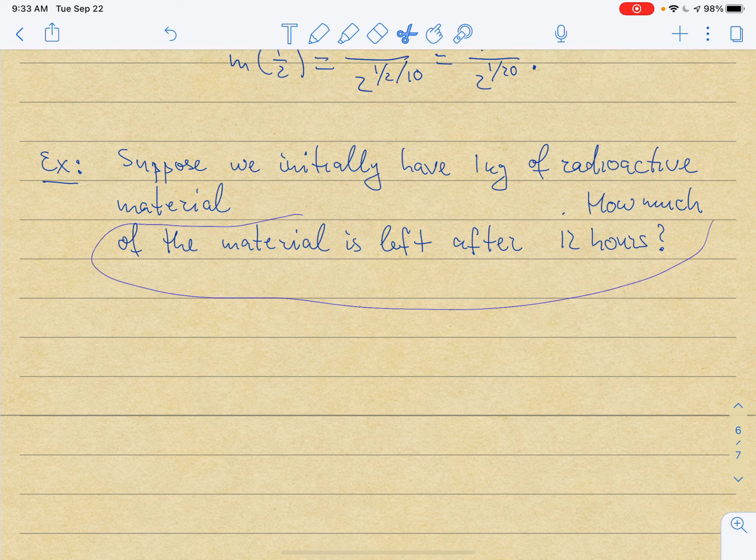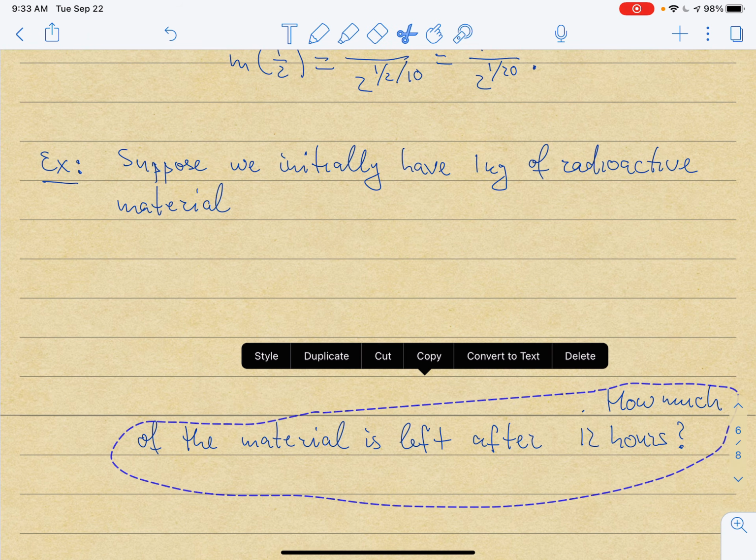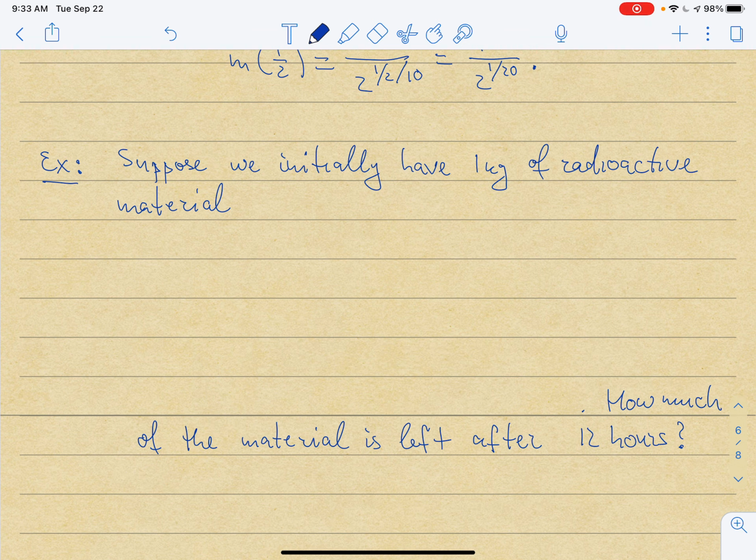Suppose in addition to this, I would know that I have, let's say, not even 500, but 300 grams left after 1 hour.